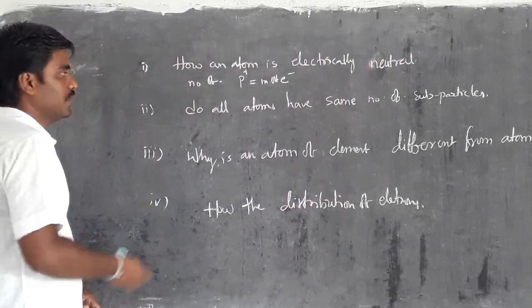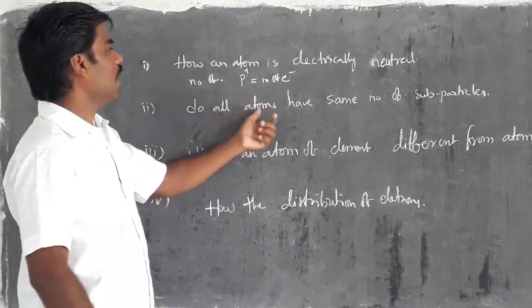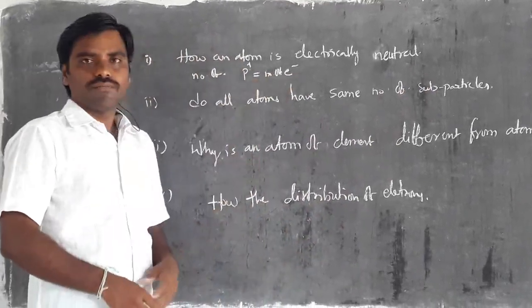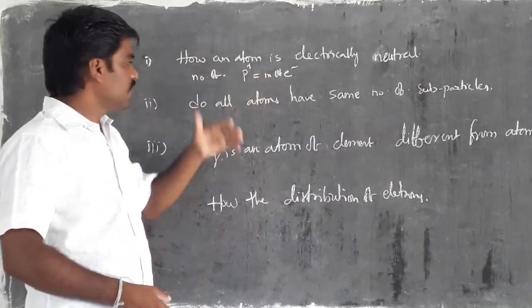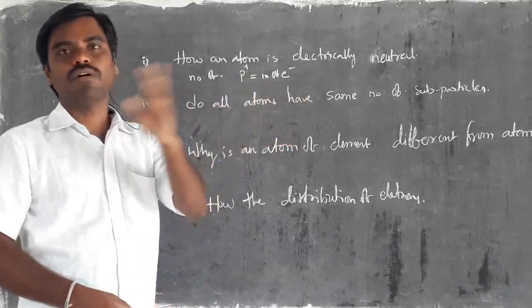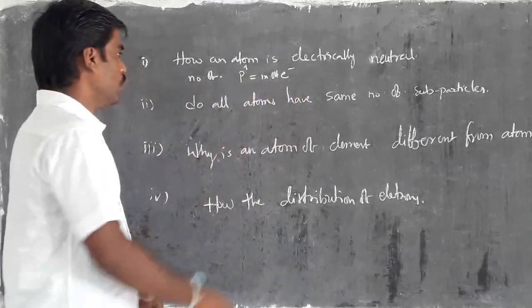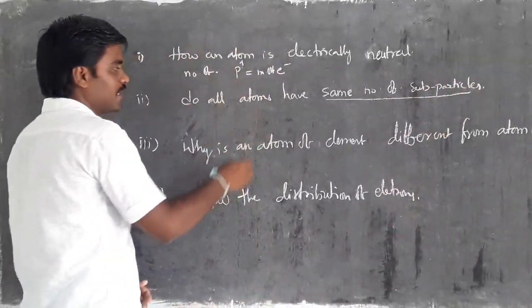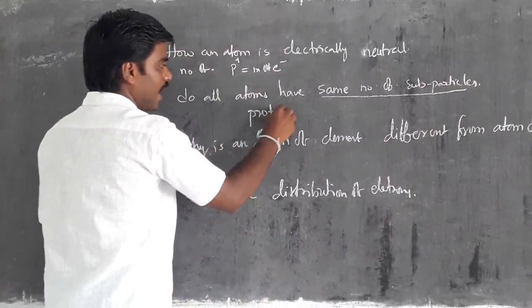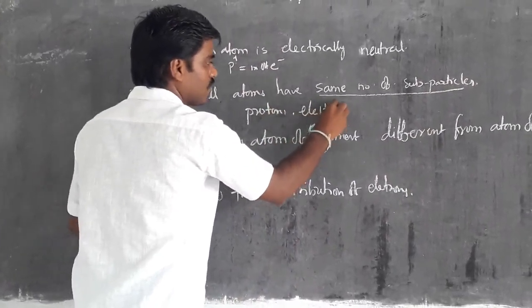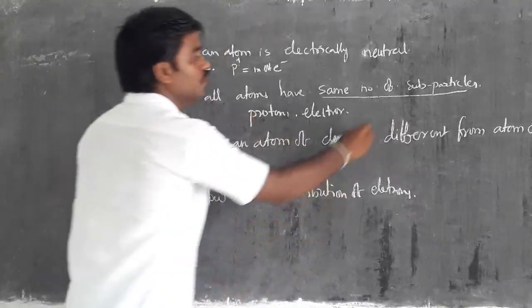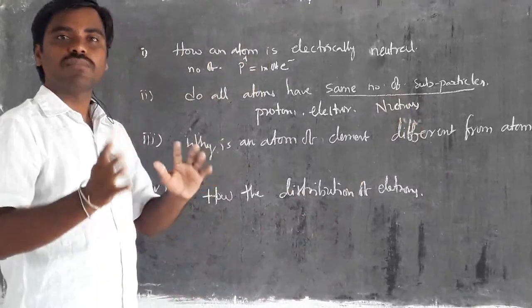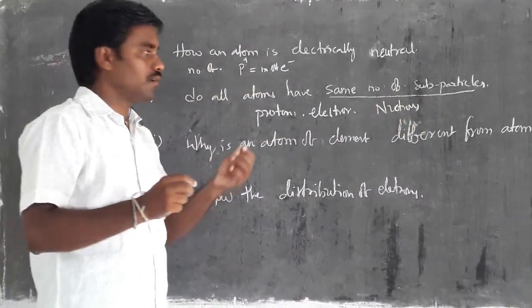Next question: do all atoms have the same number of subatomic particles? The first one is clear. For the second, the condition of the same number of subatomic particles is applicable to protons as well as electrons, but never to neutrons, because neutron numbers vary from atom to atom.